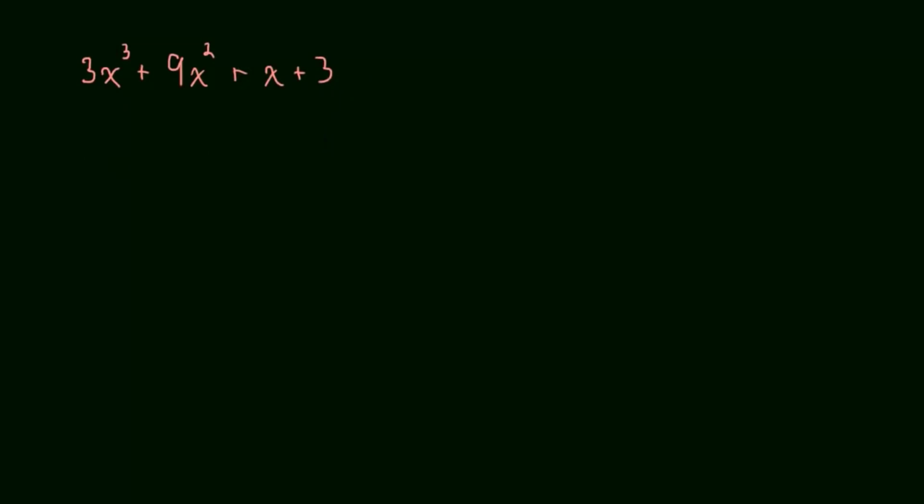What are we going to do now? Well, we're going to do the exact same thing. Nothing changes. So when you have a cubic polynomial, if it factors by grouping, if this grouping method works, it's really quite simple. So we're just going to set up our groups here, and we have 3x cubed plus 9x squared plus x plus 3.